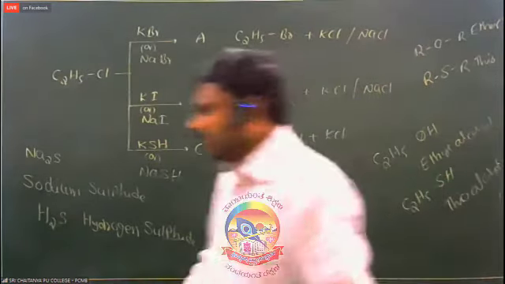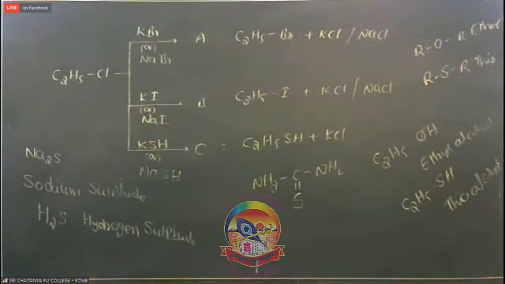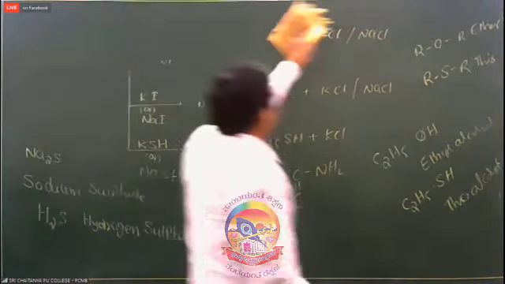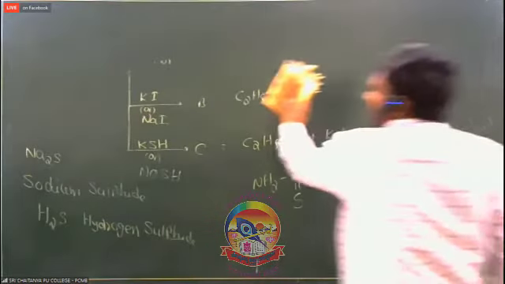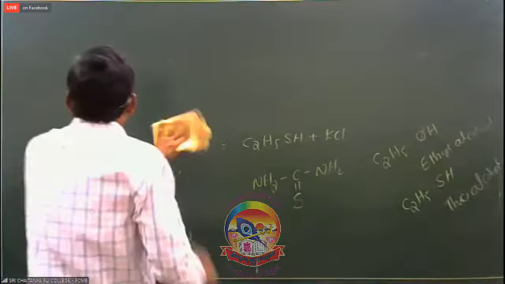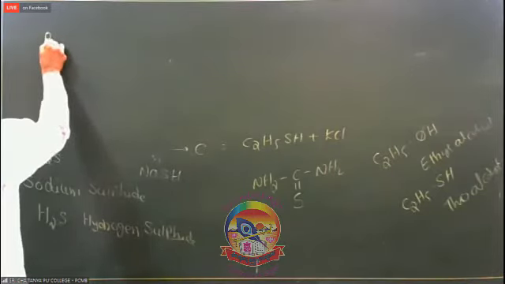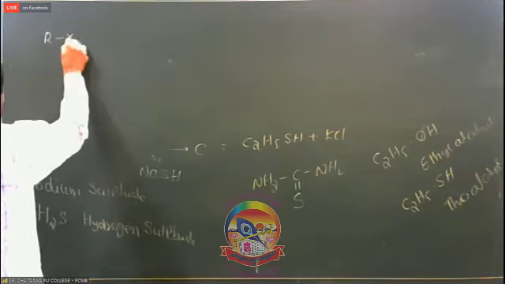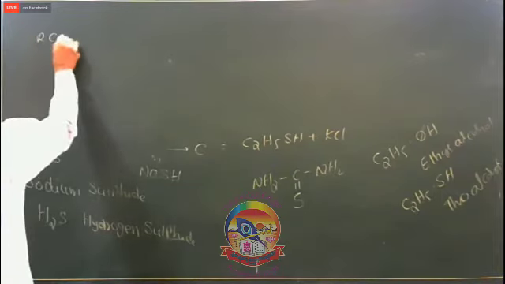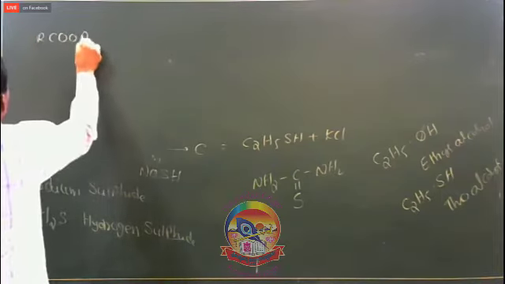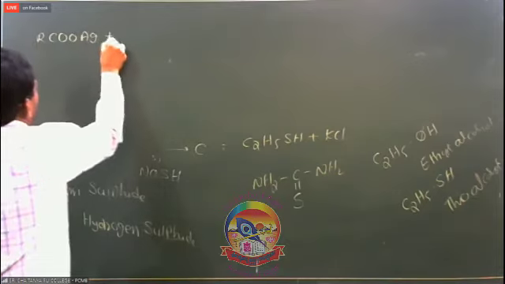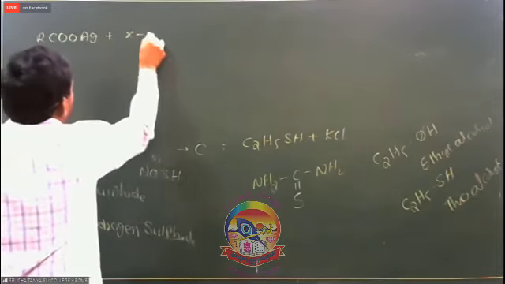The next property: replacement by carboxylate. RCOOAg reacts with RX.